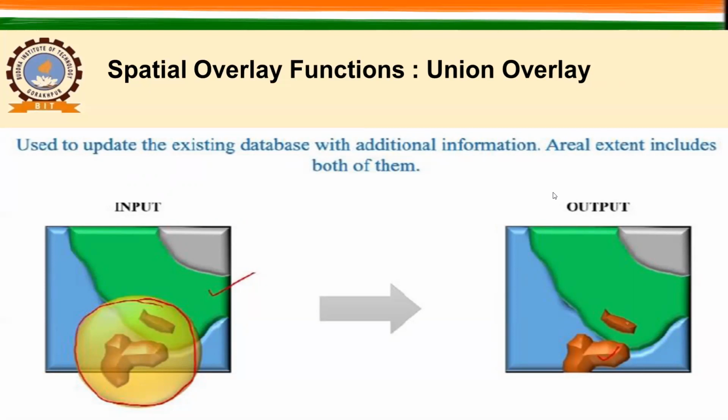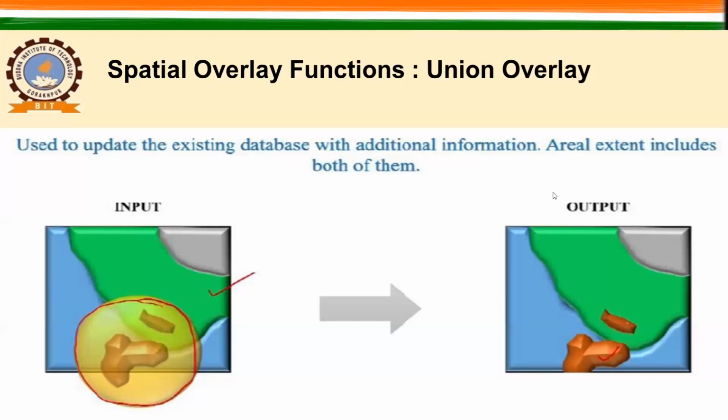And the next one is update overlay. It is used to update and generalize the existing feature or database with additional information. And here the area may also change. Why? Because you are going to update. Here this is your original image and these features are basically extra. So you want to update the original map with this one.